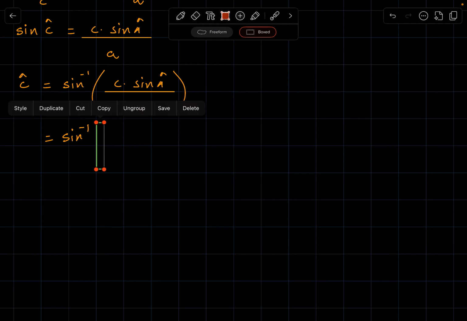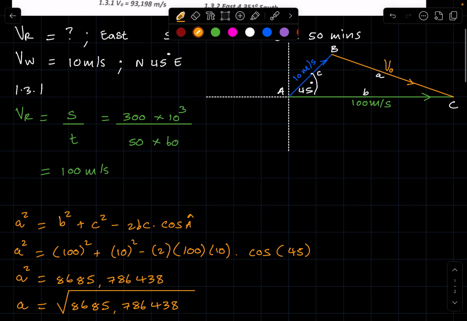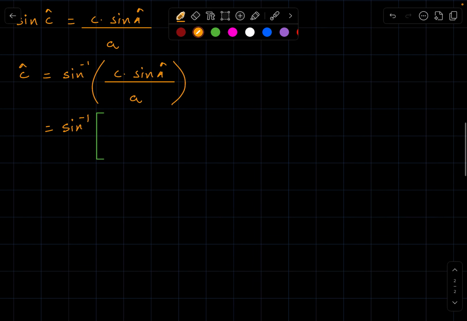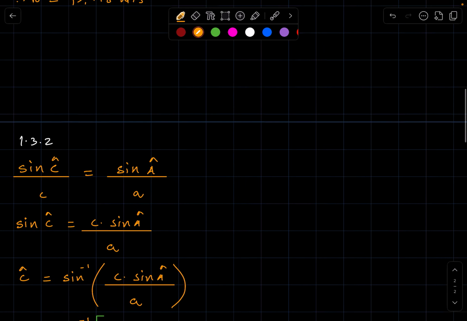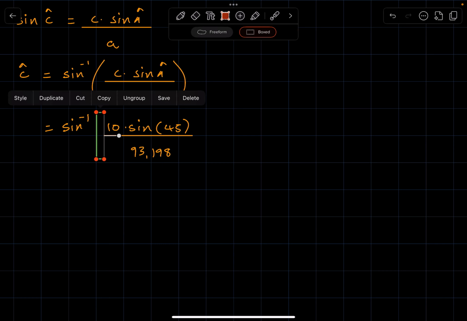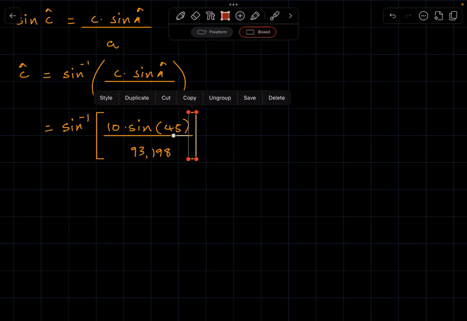Now we substitute. Side C is 10. Sine angle A is sine of 45 degrees, divided by side A, which we've just calculated. That is 93,198.